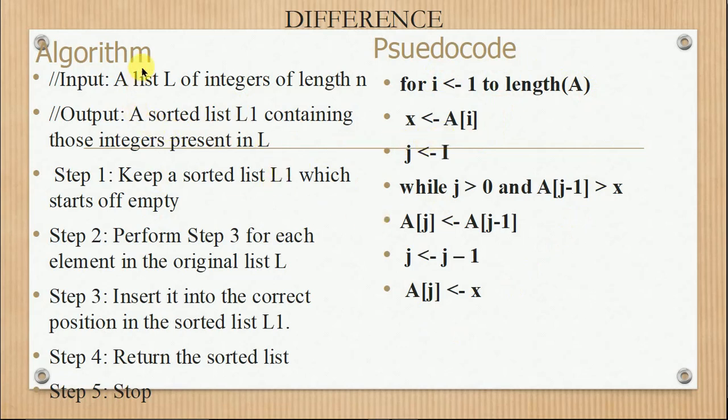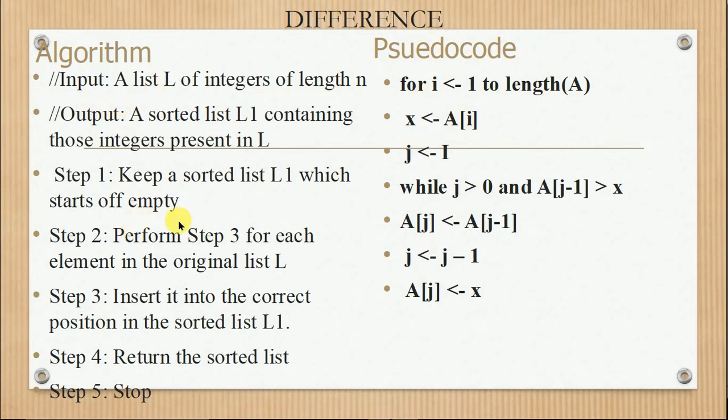In the algorithm you use plain English, the language you speak or communicate in. In the pseudocode, normally it is a combination of both, programming syntax as well as the English language we use for communication. That is the main difference from the algorithm.